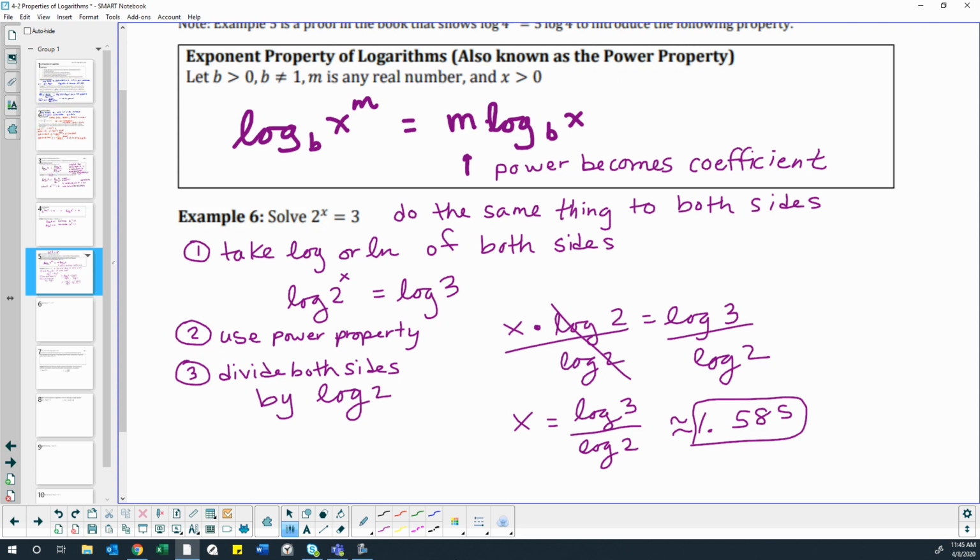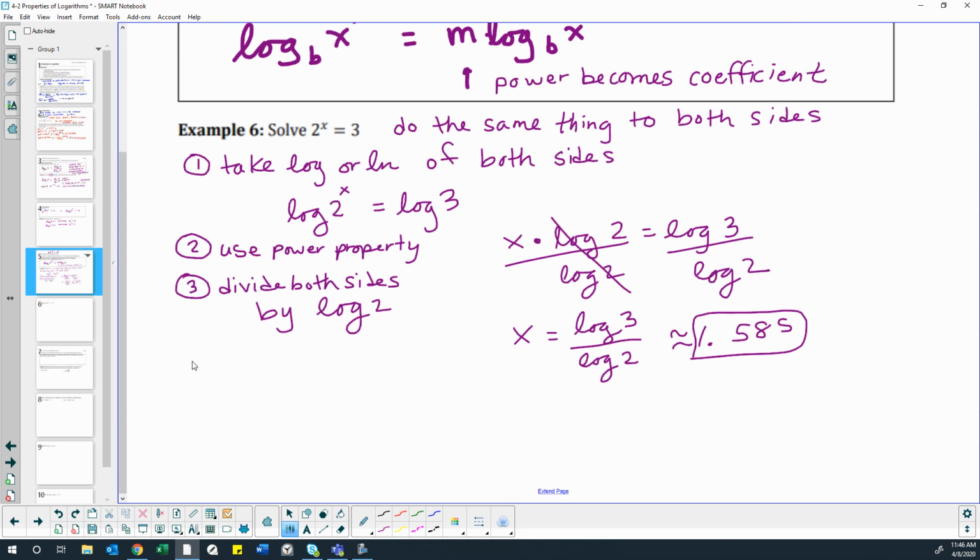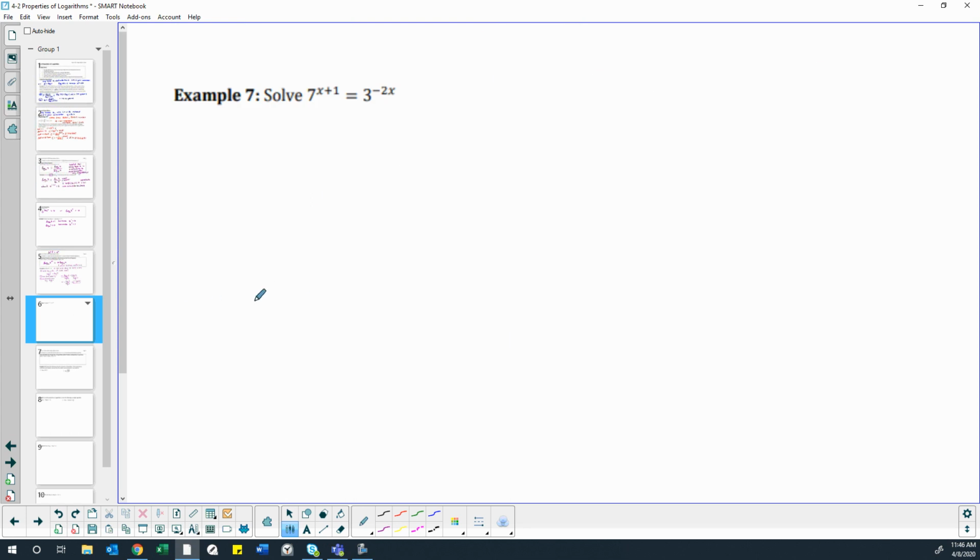Okay, the next example is a little bit more taxing. Sorry for my microphone issues. Here we go. I'm going to use the same idea here. Just for fun, let's use natural log instead of log base 10. We're still going to get the same result. So we're going to start by taking the log of both sides.